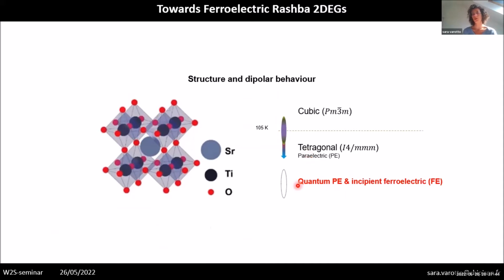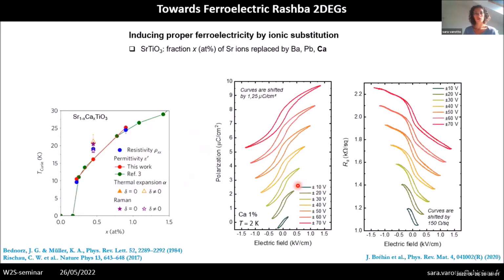But when we reach very low temperature, it enters the regime of quantum paraelectric, or incipient ferroelectric. This means that it's quite prone to become ferroelectric. It can be stabilized in a ferroelectric phase if we introduce some perturbation. One way is to dope, so substitute the strontium ions with other materials, for instance calcium.